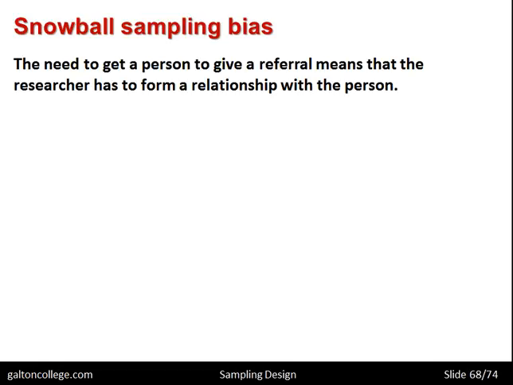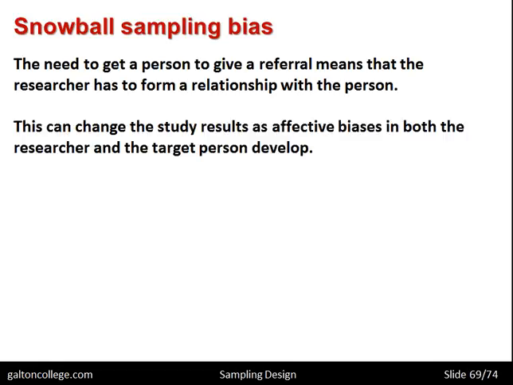Otherwise, the person may not want to recommend their friends because they don't want to be seen to be making work or problems for their friends, having to deal with the interviewer and dealing with the survey. So it's only if the person being interviewed or surveyed has a relationship with the researcher that this would occur.